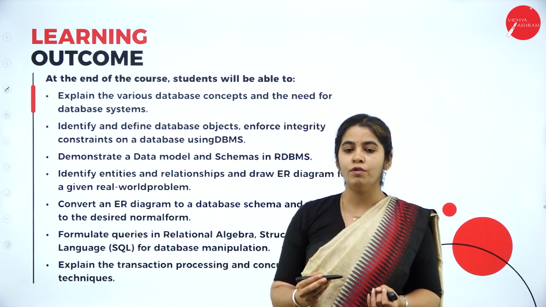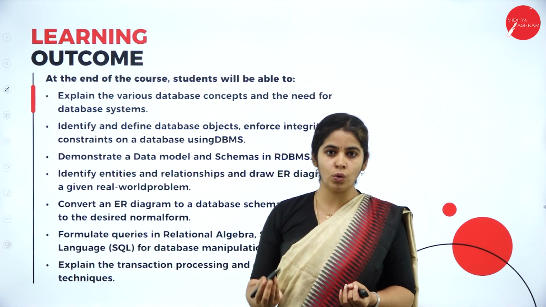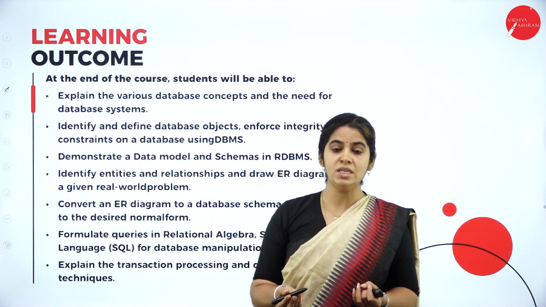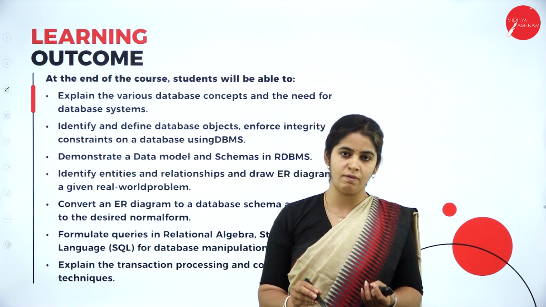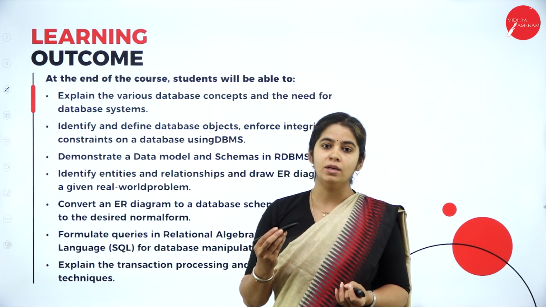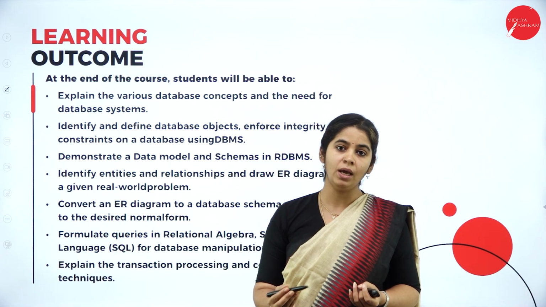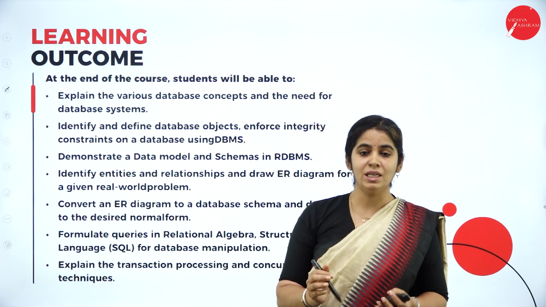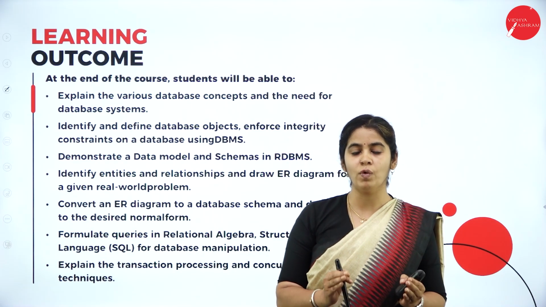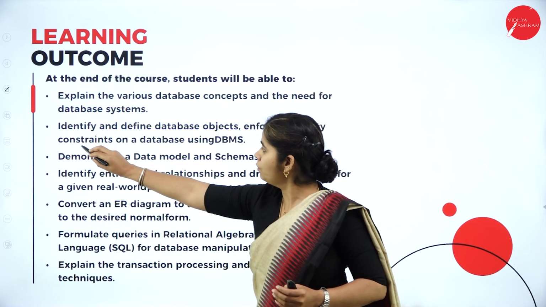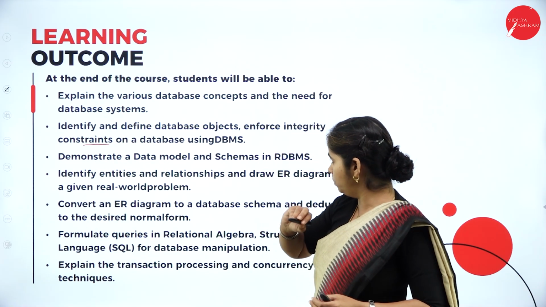For example, if you are coming to school or college, you should have some rules and restrictions, how you have to behave in the classroom, how you should come to the classroom. Being a student, how you should be, and being a single individual, how it would be. That is a different constraint that we are putting when we are arranging the data. So that is the constraint we are looking into.